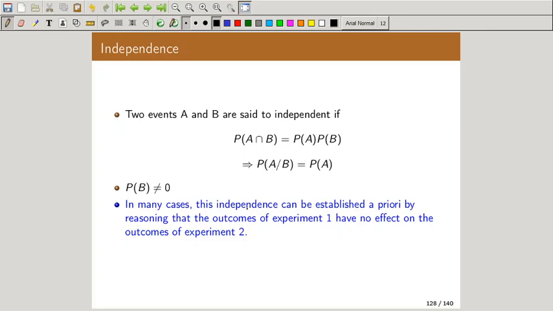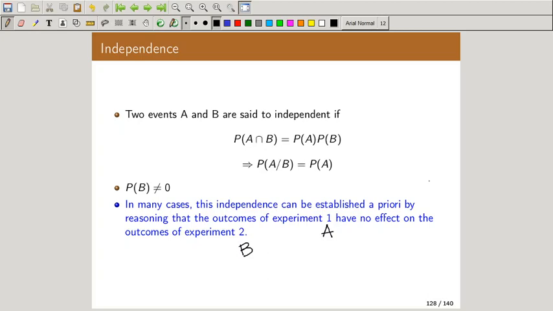What do you mean by that independence? The outcome of event A has no effect on the outcome of event B. Independence is established a priori by reasoning that the outcome of experiment 1 or experiment A has no effect on the outcome of experiment 2 or experiment B. So the outcome of event A has no effect on the outcome of event B, then they are said to be independent.